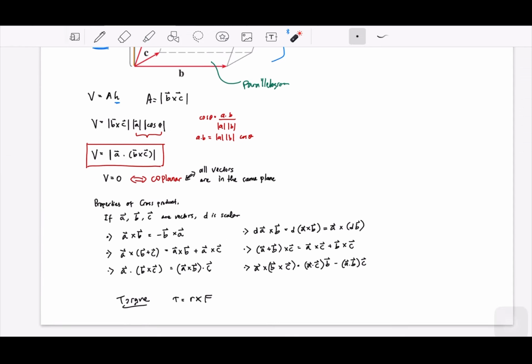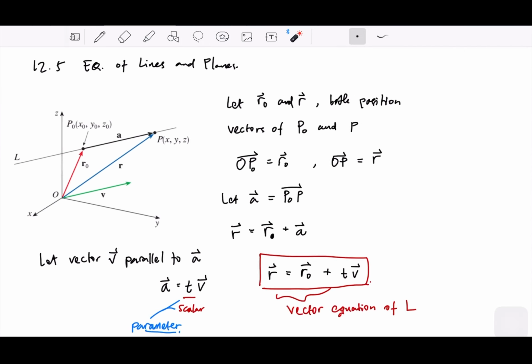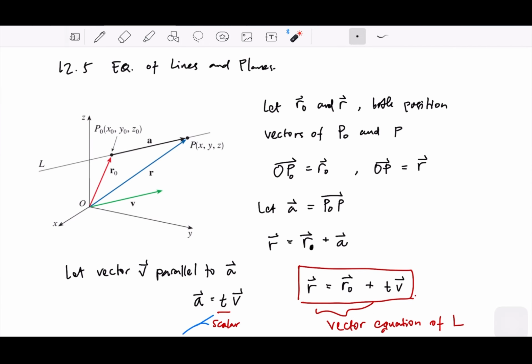Okay, now let me go through the equation of a line and plane. First is the equation of a line.